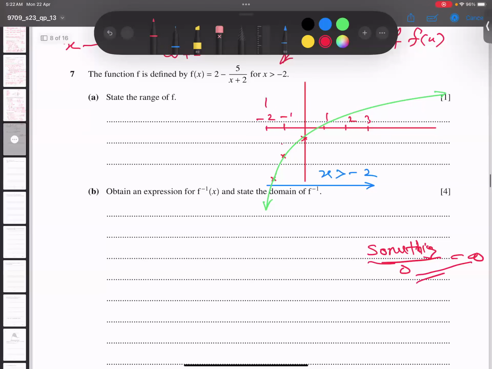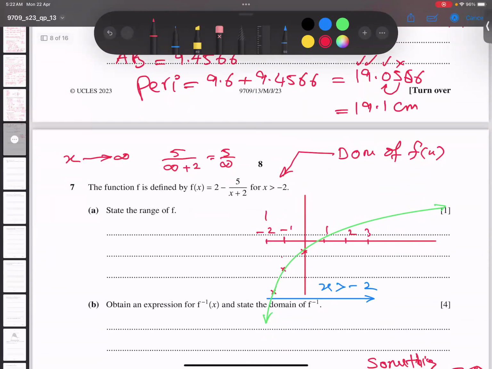If you bring infinity on this side and zero on the other side, something divided by infinity is equal to 0. It means if I increase this x value, this will become infinity, and 5 by infinity becomes 0. So f of x, if I put infinity, 5 by infinity is 0, and 2 minus 0 gives you 2.